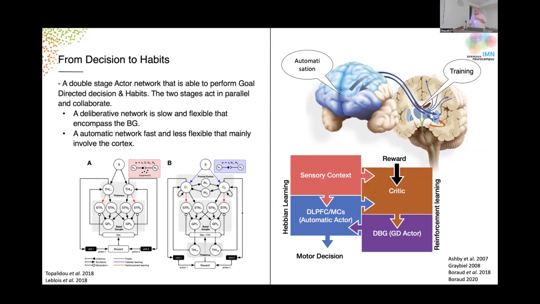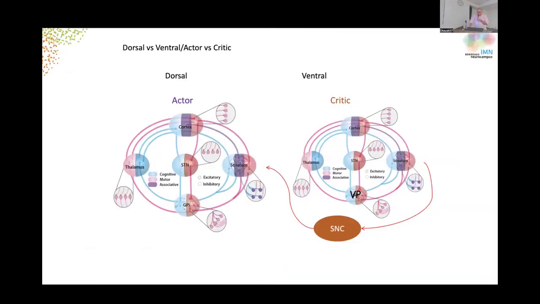But the question now is, what about the critic? So what we are trying to do now is to identify the critic in the network. And our working hypothesis is this one. Because we found a functional architecture for the actor, could it be possible that the limbic part of the network, which shares the same architecture, could play the role of the critic and interact with the system using dopamine?